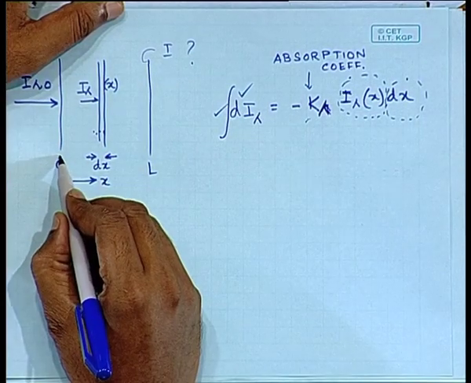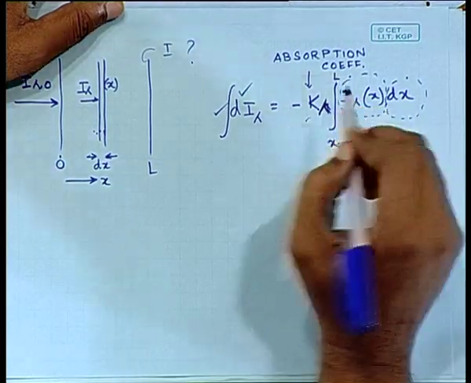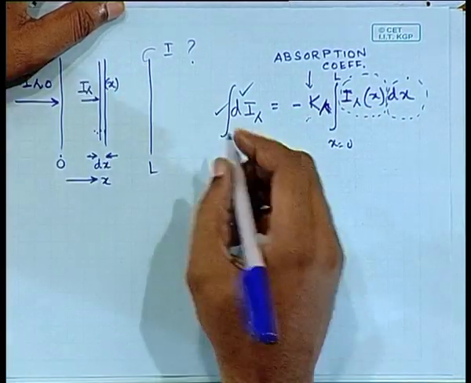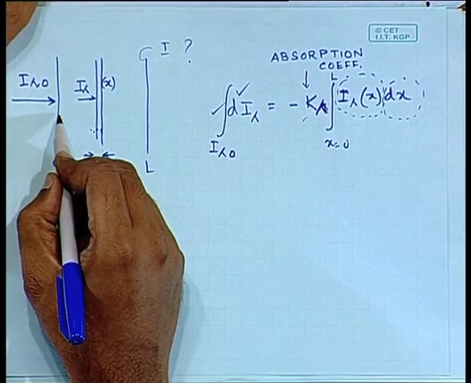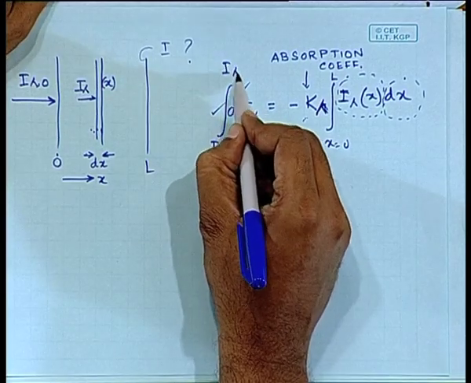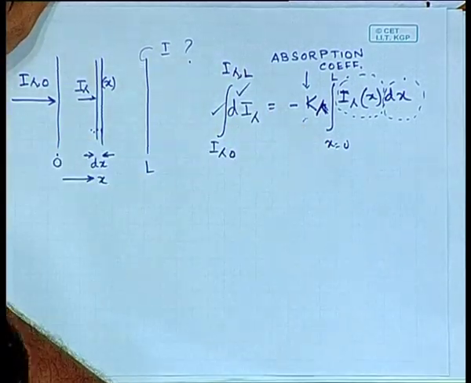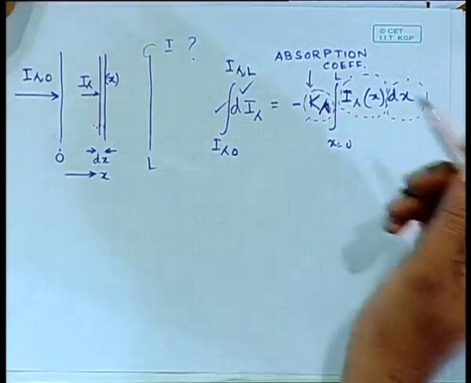Now, I can always integrate it from this surface, which is at x equal to 0, to the surface located at a distance L, and I know that the radiation intensity coming out of the surface is known to me, which is I lambda 0, and let us say this is I lambda at L. Here I am assuming that this is independent of distance.